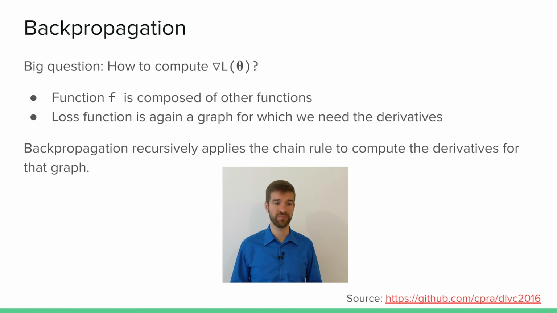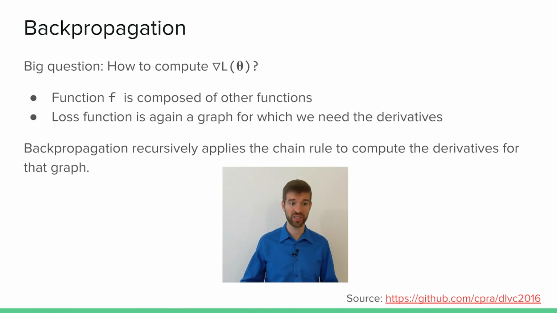So the loss function is again a graph for which we need the derivatives, but we're not computing the loss and the gradient for the entire graph in one go. We're breaking it down into smaller parts and then recursively applying the chain rule to compute the derivatives for each part of our network.